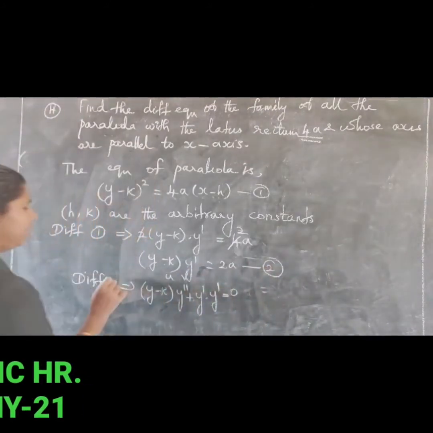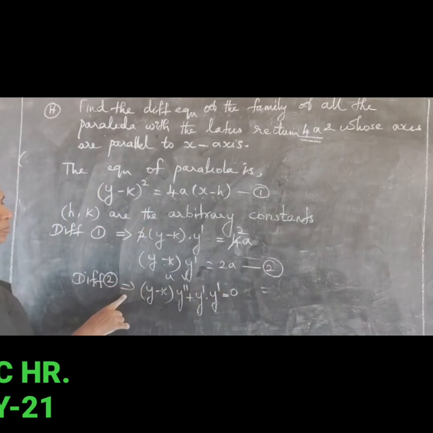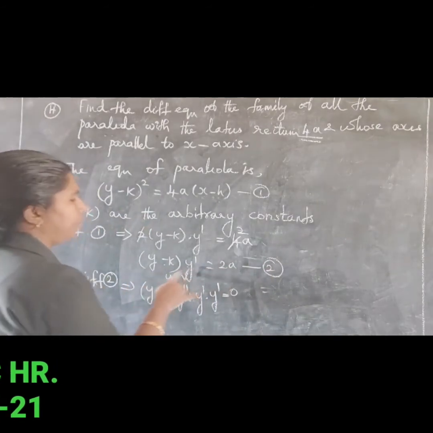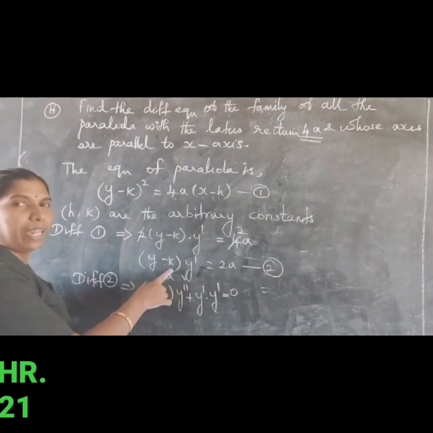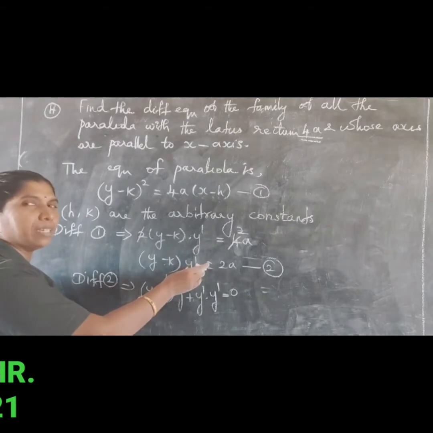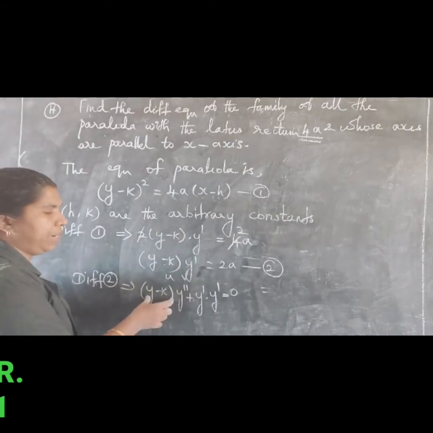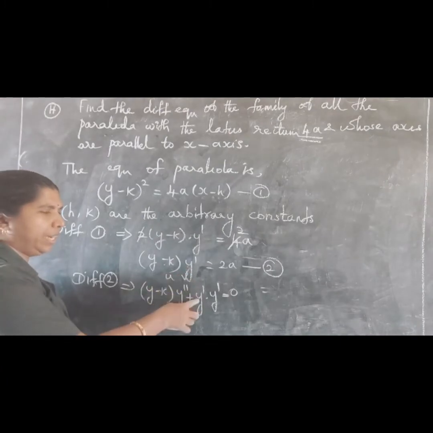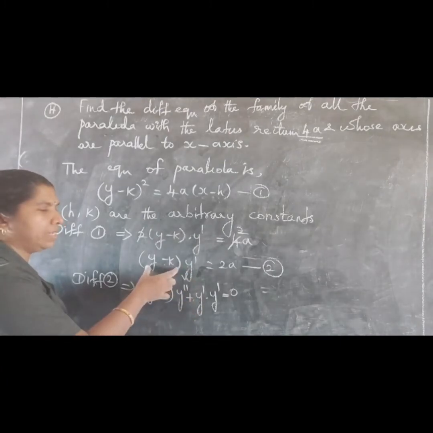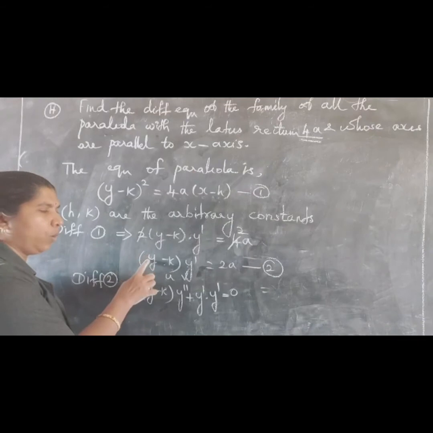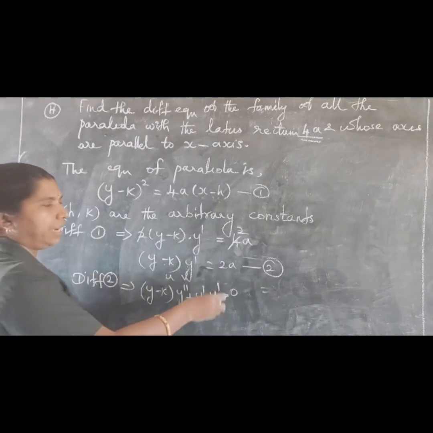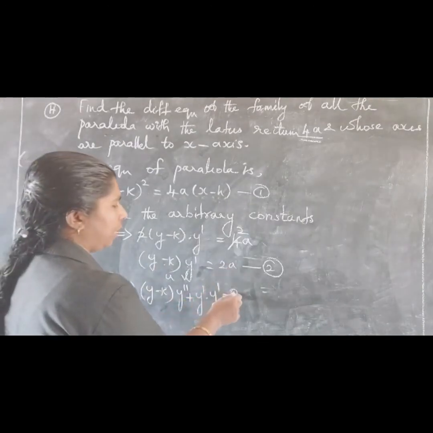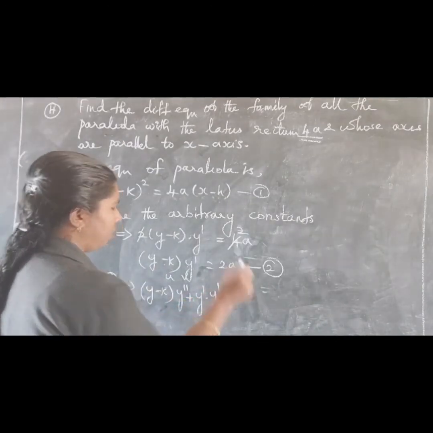Now differentiating equation 2, this is in the form uv, with y minus k as one function and y dash as another function. So y minus k into y double dash plus y dash into the term inside the bracket, we are having y and k. k is the constant, so the differentiation of y is equal to y dash. Right side the differentiation of 2a is equal to 0.